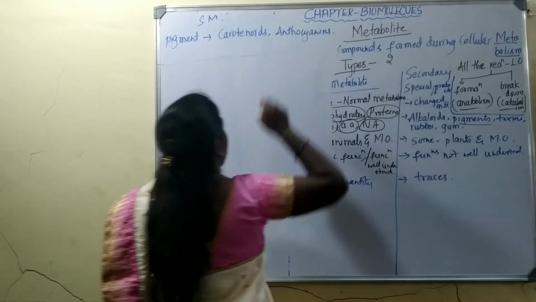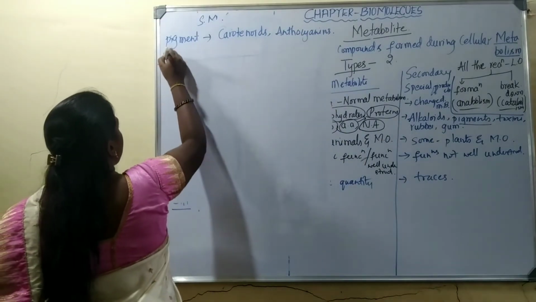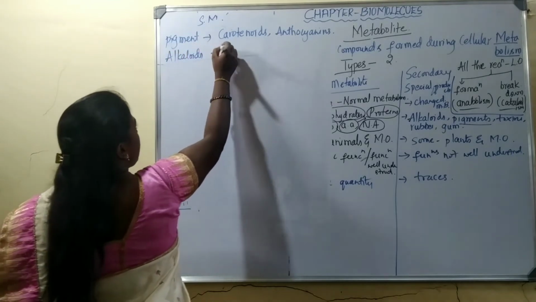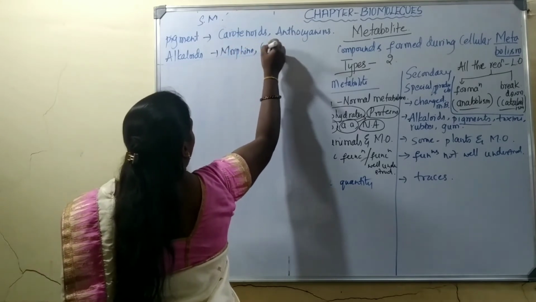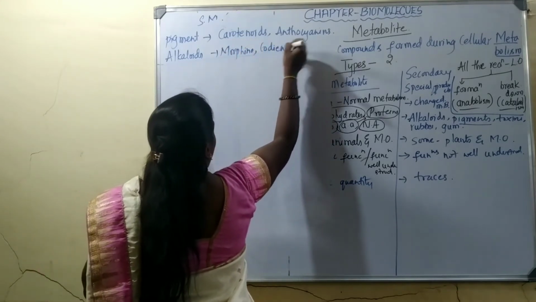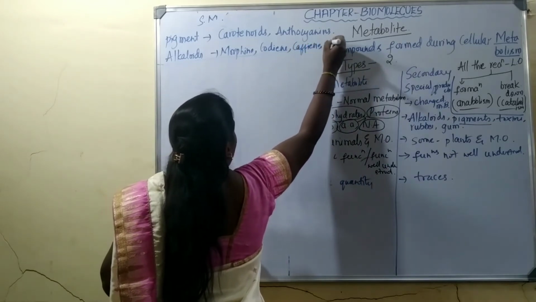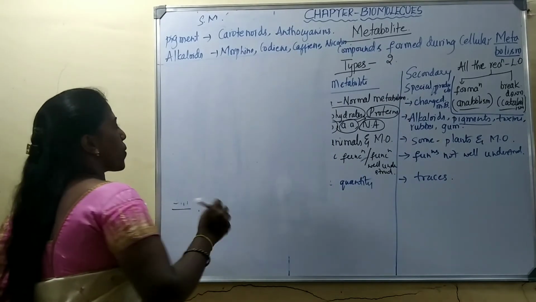These are some of the examples for pigment. The next is alkaloid. Alkaloid examples: morphine, codeine, caffeine, nicotine are some of the examples for alkaloids.